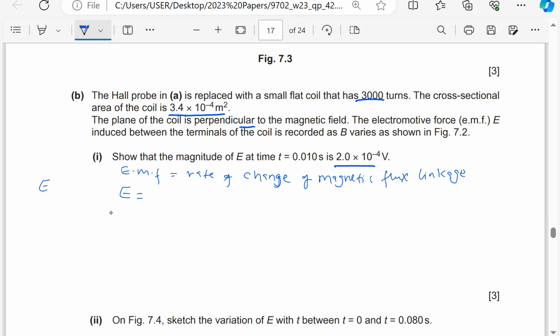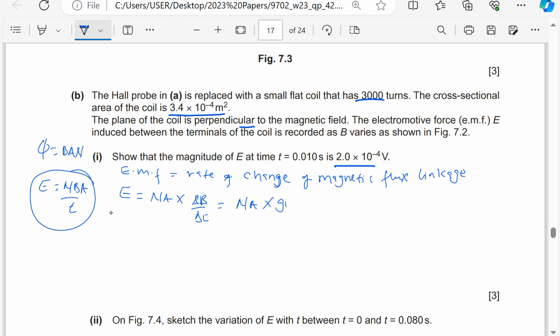So the EMF is equal to NBA divided by t, because flux is equal to BA. If it is a coil, we multiply this by the number of turns. So this is going to be NA times the change in the magnetic field with time, which is the same as NA times the gradient of that graph.